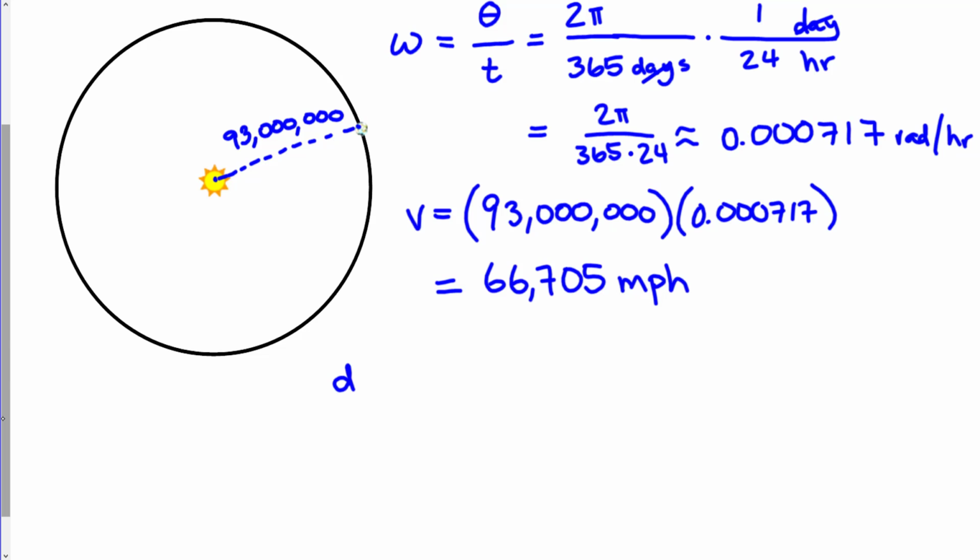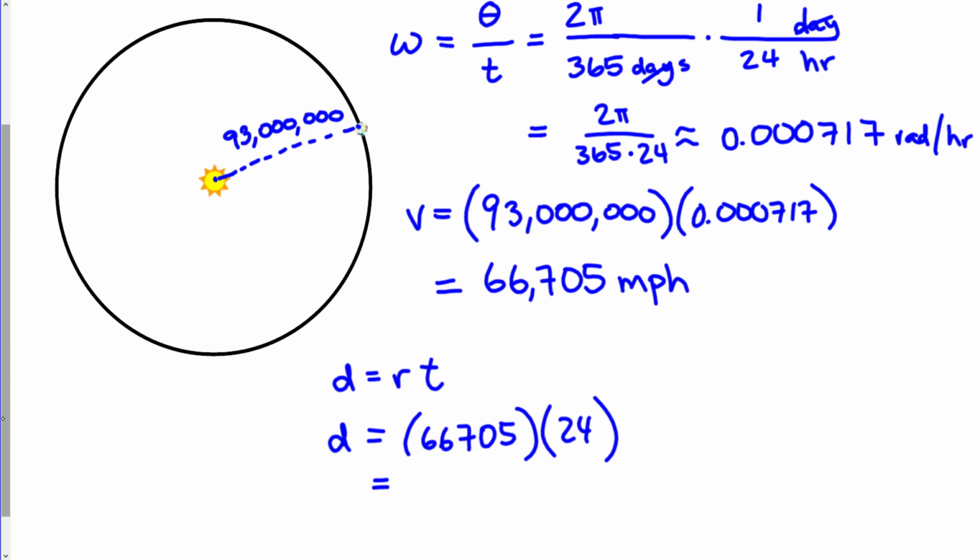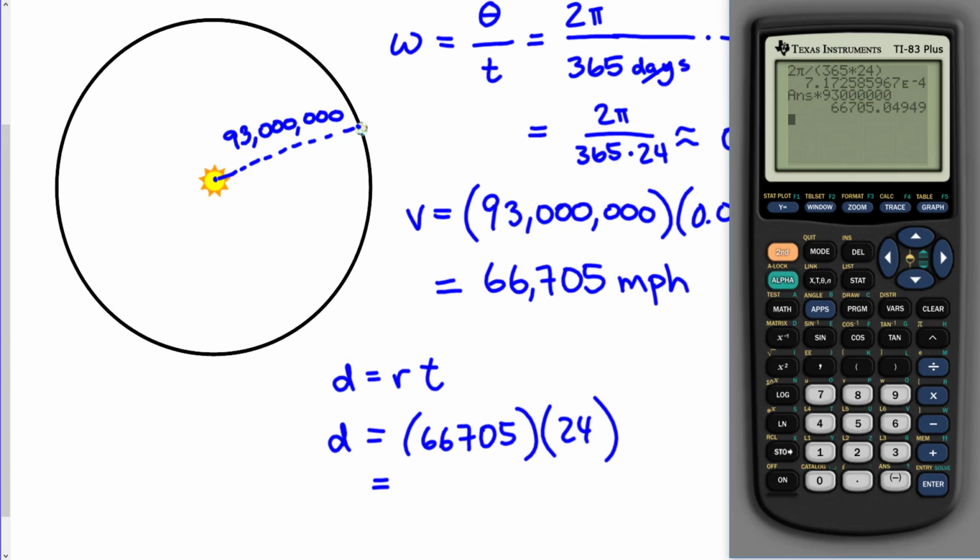So distance is rate times time. So the distance that we want to calculate is going to be the rate, which is 66,705 miles, times the amount of time. So this is miles per hour. If we want to travel 1 day, we have to travel 24 hours. So the distance that we travel in 1 day is that times 24, or about 1.6 million miles.